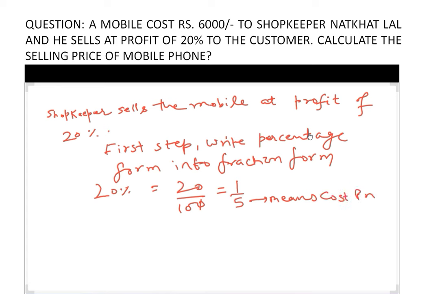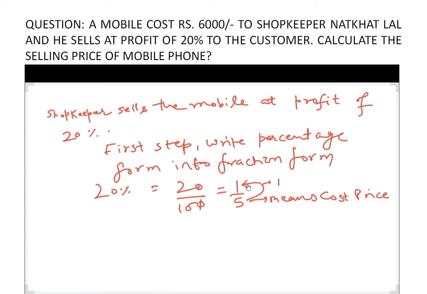So if the cost price of an item is 5, there is a gain of 1 rupee, as per the above mentioned question. So then what will be the selling price?